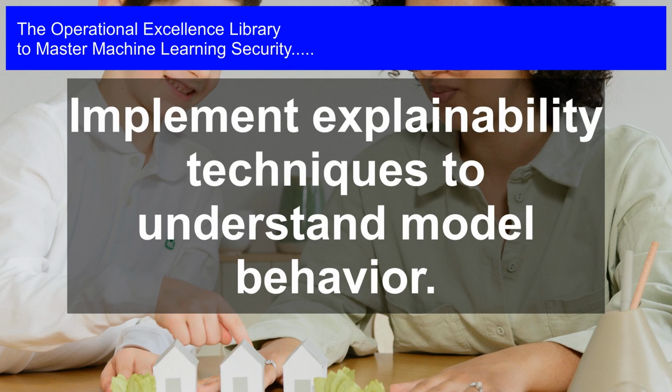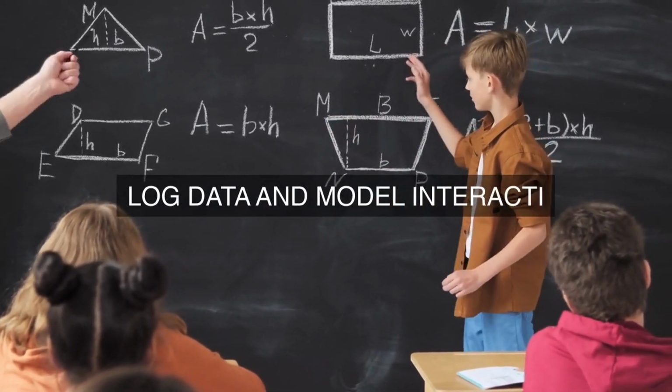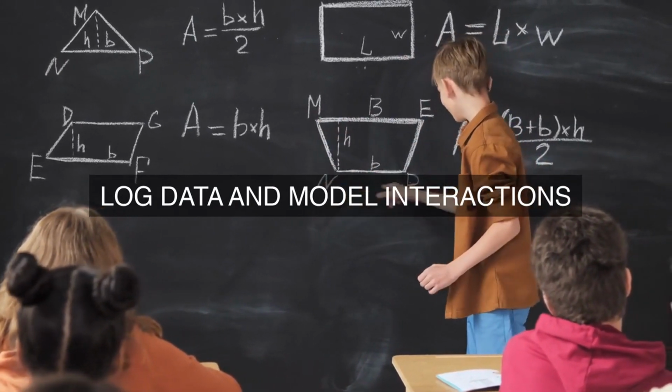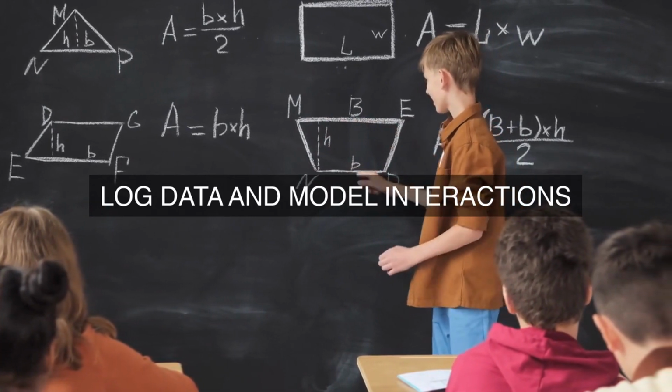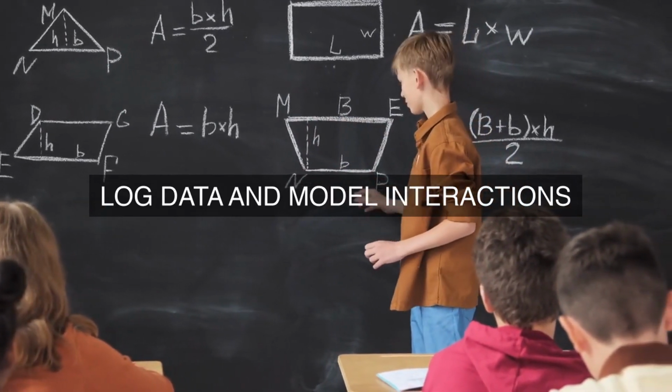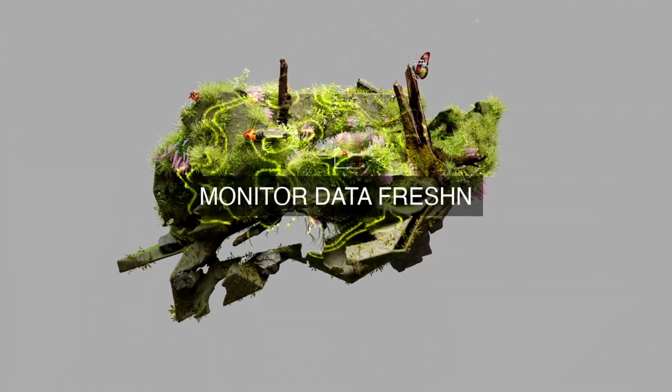Automated testing and validation. Implement automated testing and validation of models, data, and pipelines to ensure consistency and quality. 4. Feedback loops. Establish feedback loops between data scientists, engineers, and business stakeholders to ensure that insights and issues are addressed and incorporated into the machine learning pipeline.